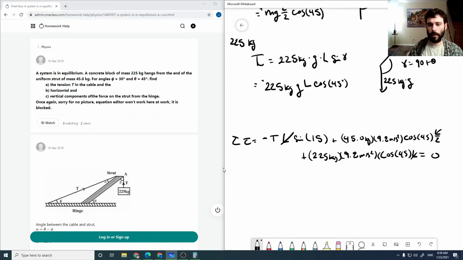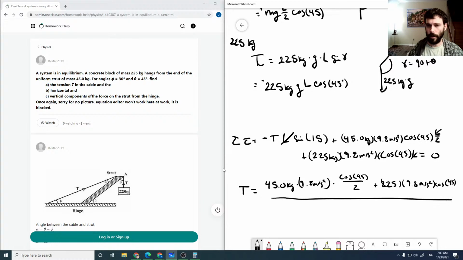And so we can rearrange for our tension as 45 kilograms times 9.8 meters per second squared times the cosine of 45 over 2, plus 225 times 9.8 times the cosine of 45, all over the sine of 15 degrees.